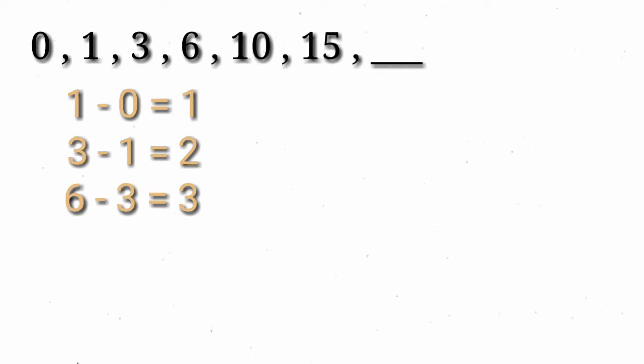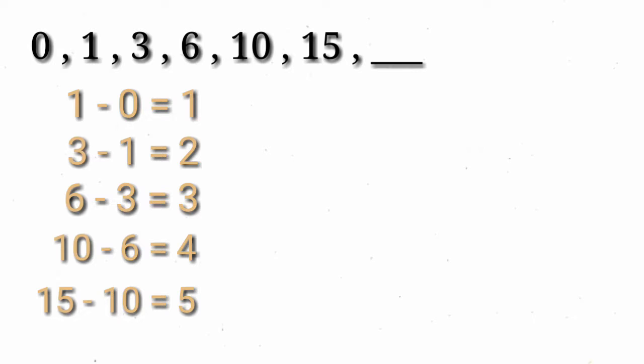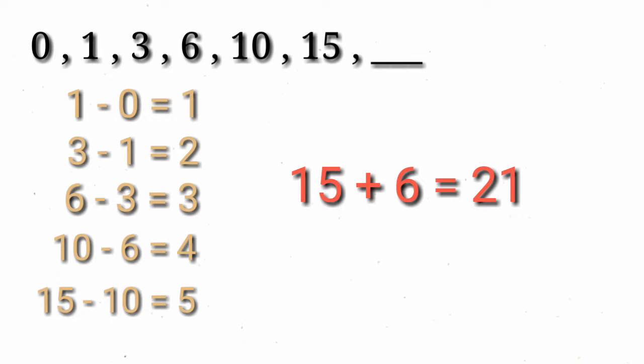So 1 minus 0 is equal to 1, 3 minus 1 is equal to 2, 6 minus 3 is equal to 3, 10 minus 6 is equal to 4, 15 minus 10 is equal to 5. Since the common differences are 1, 2, 3, 4, and 5, we can assume that in order to get the next term, we will add 6 to the last given term, and the answer is 21.